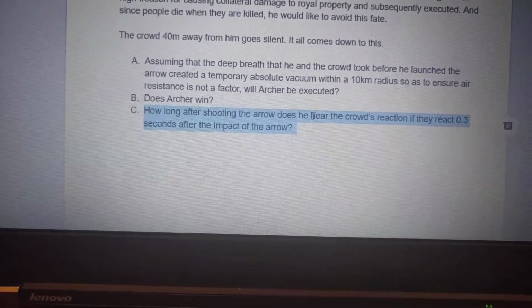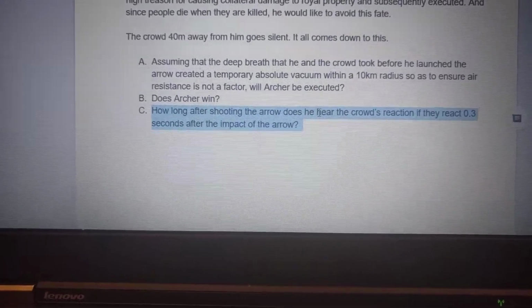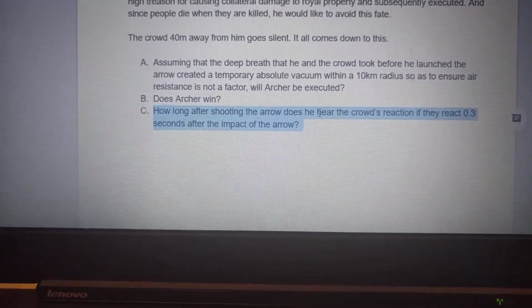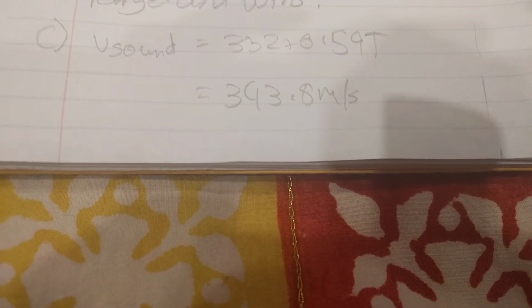How long after shooting the arrow does he hear the crowd's reaction if they react 0.3 seconds after the impact of the arrow? So the first thing that we have to do for this question is use the speed of sound formula that we learned for the sound unit. So it's basically this: velocity of sound equals 332 meters per second plus 0.59 multiplied by t, where t is the temperature.